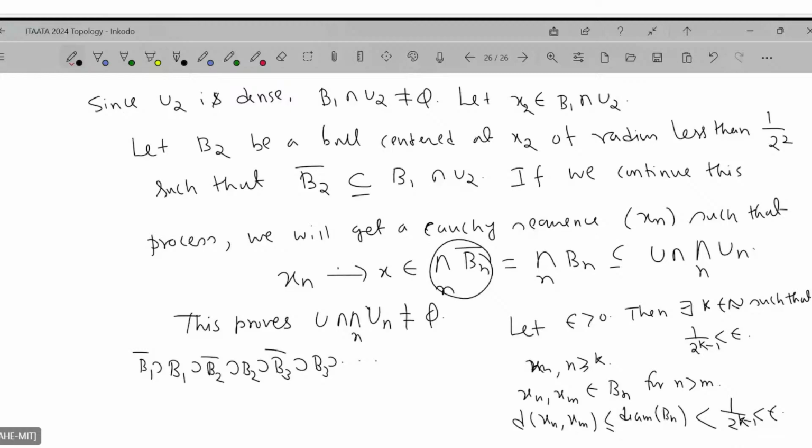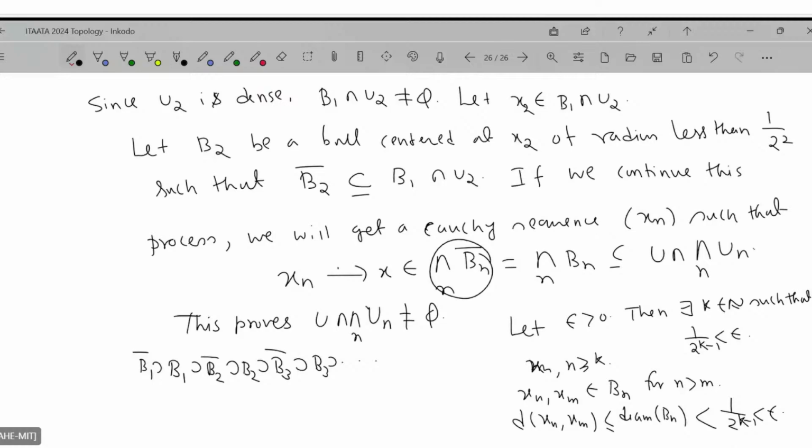As the Cantor intersection theorem says, if we have to use the Cantor intersection theorem, what is the Cantor intersection theorem? If we have a nested sequence of closed sets, then if you take the intersection of it, it will be non-empty, and contain only one point. That's the other important thing. It will contain, and this is nothing but that point.